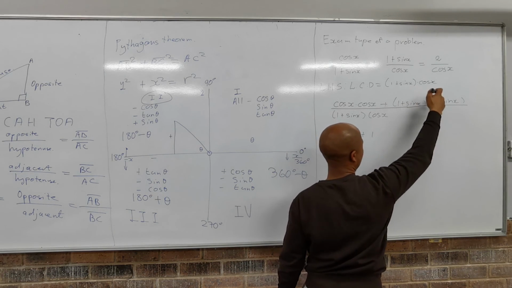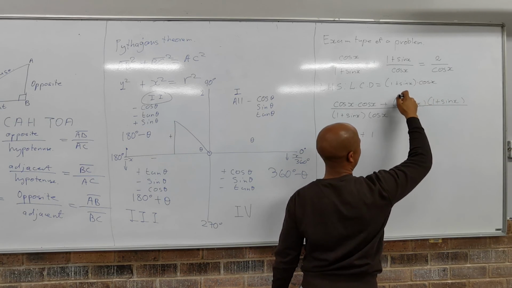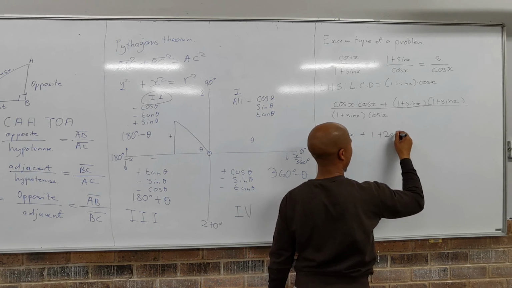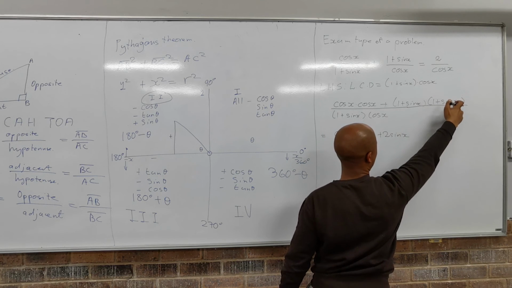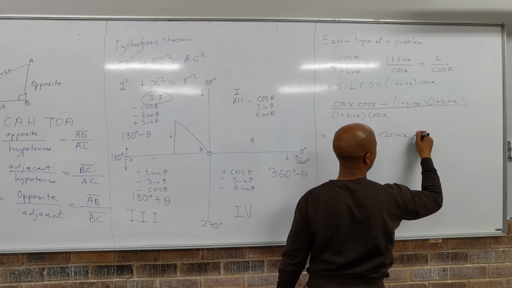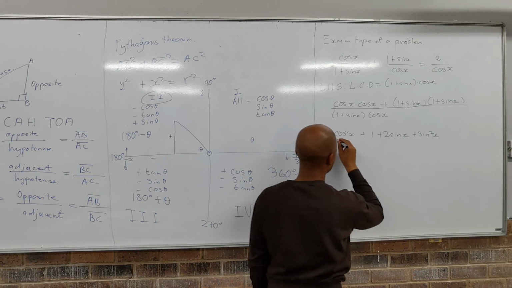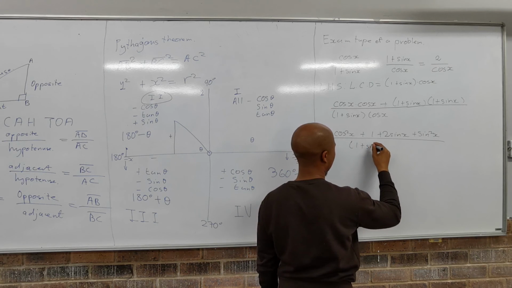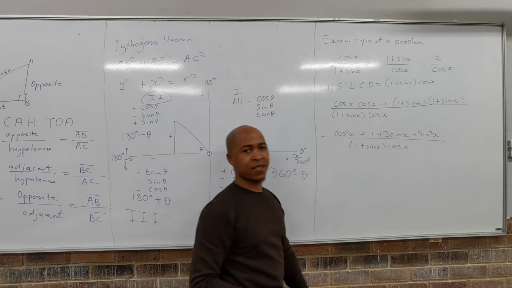Sin x multiplied by 1 is sin x. Then 1 multiplied by sin x gives 2 sin x in total. Then sin x times sin x is sin squared x. Everything is over (1 plus sin x) cos x.